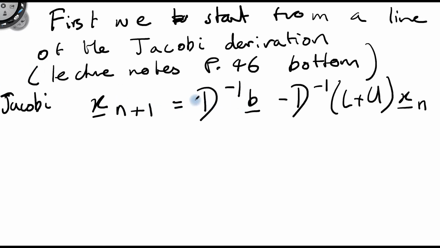So this matrix turned out to be c, and this matrix here turned out to be B, c minus B of x of n. Okay, and you remember the way we derived Gauss-Seidel before is we wrote out all the components and then we modified some of the entries from n to n plus 1.